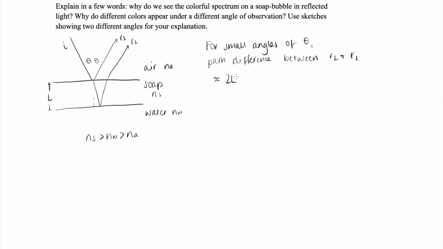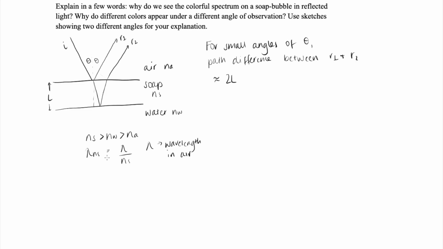Now, the actual path difference is not exactly 2L, because there are also angles and everything in here as well. But we can say that it is approximately 2L. And remember, we have a wavelength of light. The wavelength of light in the soap is going to be lambda divided by NS, where lambda is the wavelength of light in air.